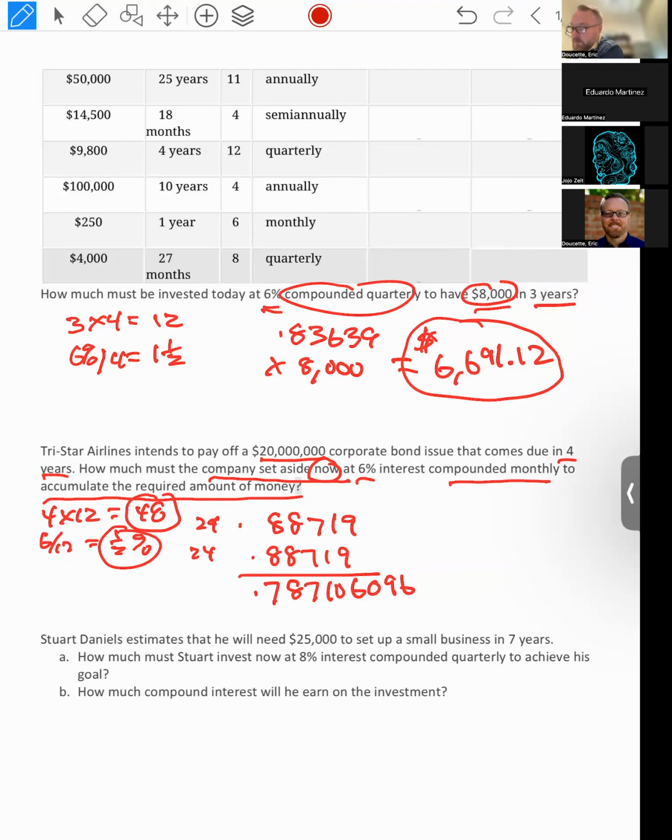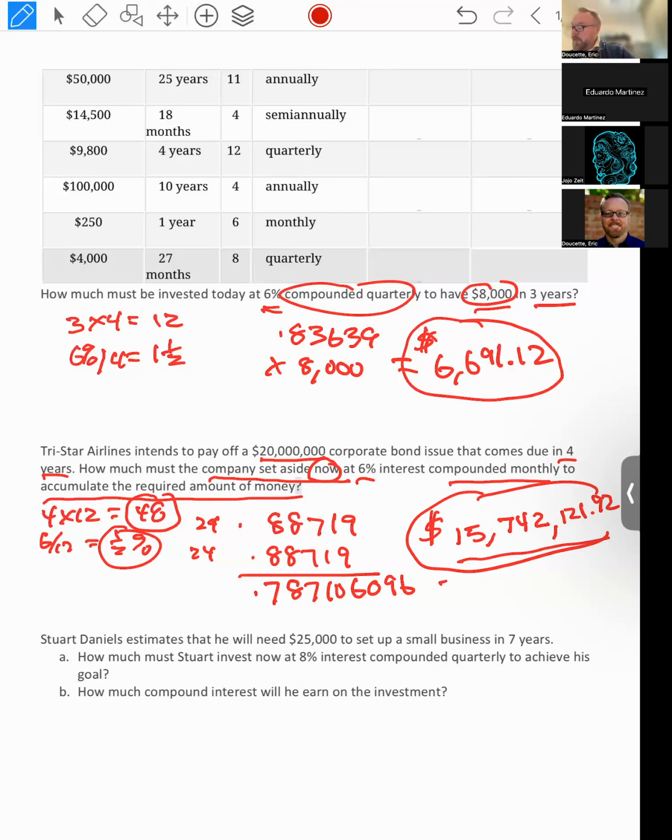equals $15,742,121.92. So what's that saying? My present value of $20 million in 4 years at 6% interest is 15,742,000. How much interest would I earn?